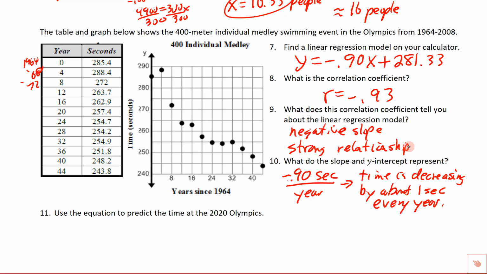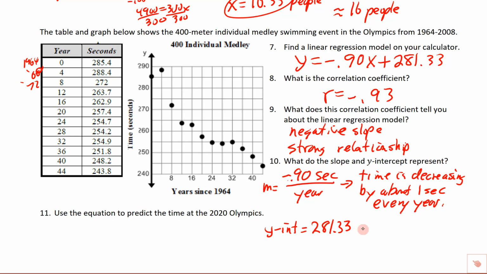And it says, what does the y-intercept represent? Well, the y-intercept represents, so this is the slope, I'll put that. And then we'll have y-intercept. That's going to be 281.33. And we're going to say something like this.